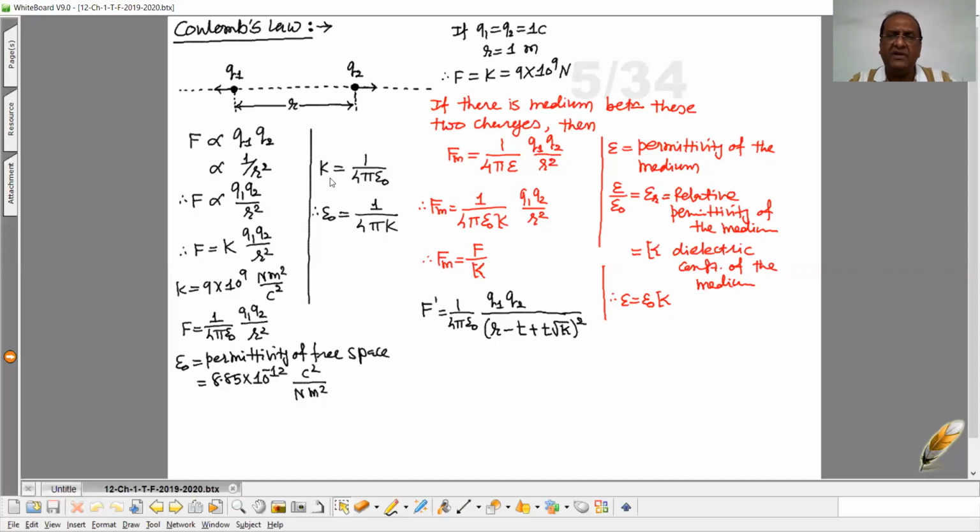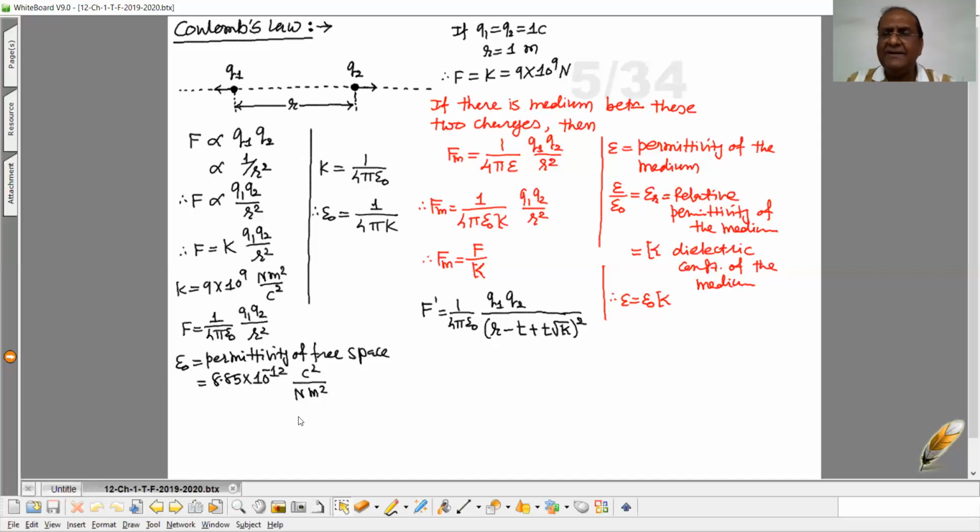K is equal to 1 upon 4 pi epsilon 0, where epsilon 0 is the permittivity of free space. And if we make epsilon 0 the subject, then we can write 1 upon 4 pi k. If we substitute here the values of pi and k, then we will get the permittivity of free space, that is 8.85 into 10 raised to minus 12 Coulomb square per Newton meter square.